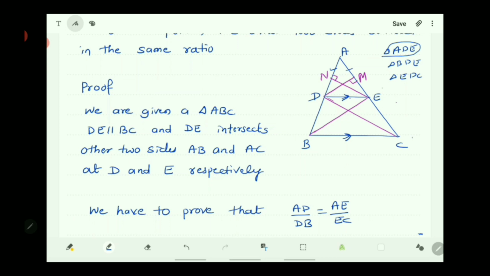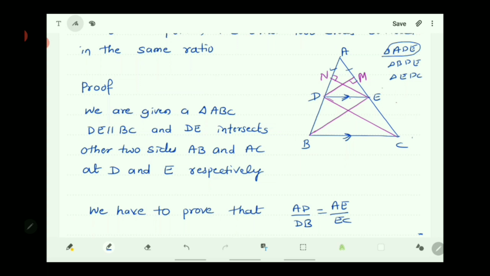To find the area of triangle ADE, there are two heights. One height is EN and the other height is DM. If you take the height EN, then you take the base as AD.